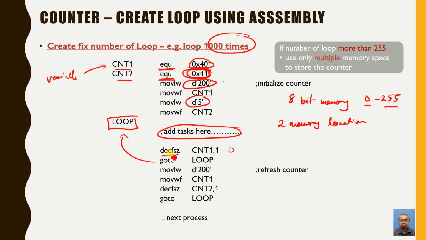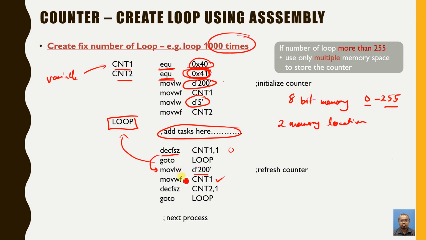So once it becomes 0, what will happen is you skip the GOTO instruction, and then MOVLW D'200', meaning you refresh the counter. You start again, and then MOVWF count 1. So here you refresh count 1. Remember, in the first loop here, count 1 is already finished and becomes 0.